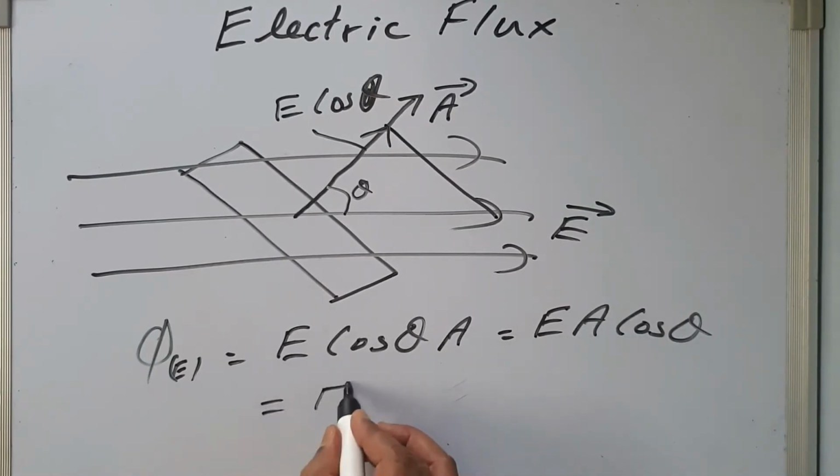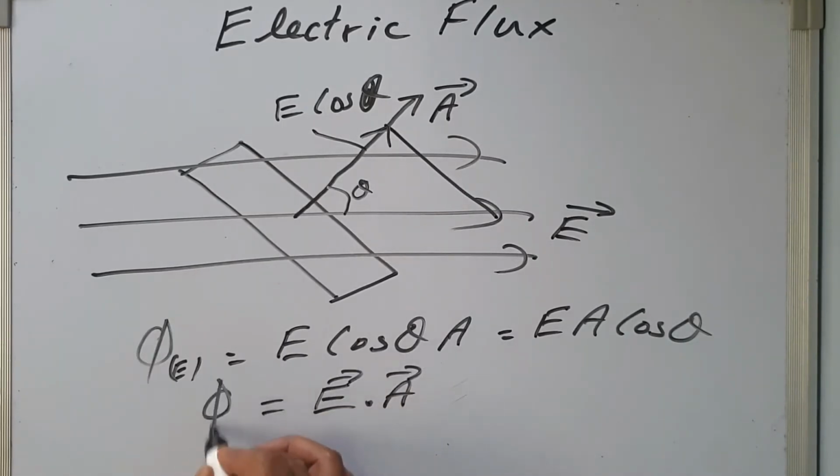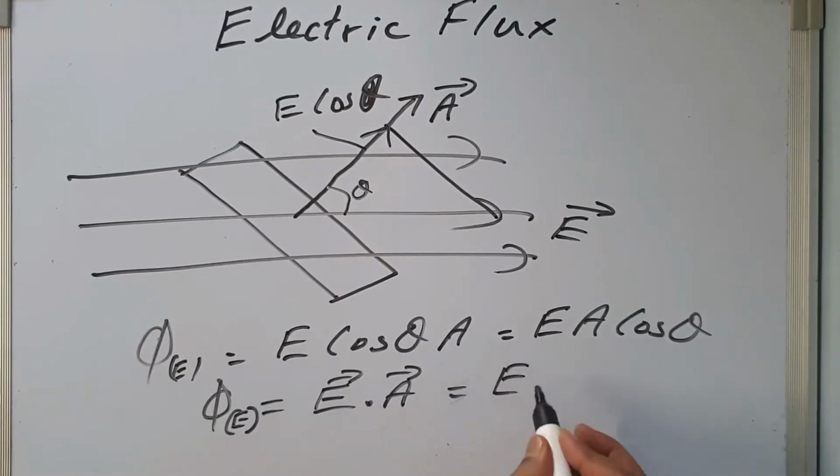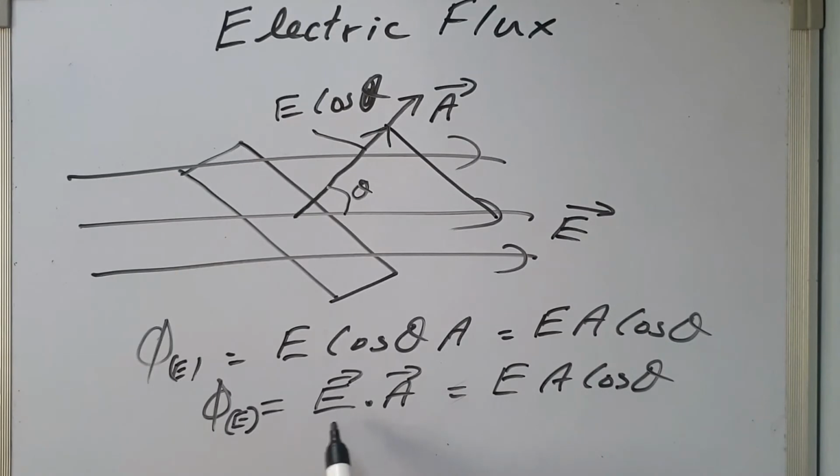It is vector E dot vector A. Therefore, we got electric flux is equal to E dot A, which is equal to EA cos theta. It is a scalar quantity because you know the dot product gives you a scalar quantity. So electric flux is a scalar quantity.